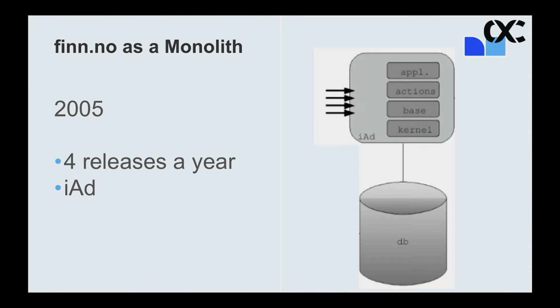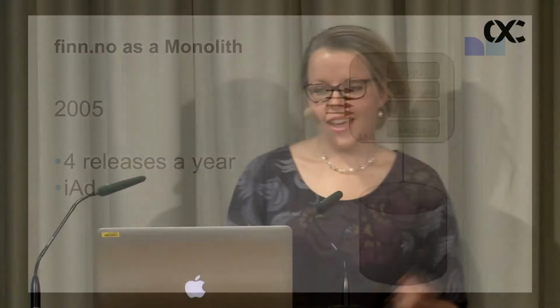And there was little testing, and mostly manually. And this monolithic system was a layered architecture, as many people have talked about here. And it was called IAD. It was before iPhone, before iPad, but not before iPod, though. So it's about ads.